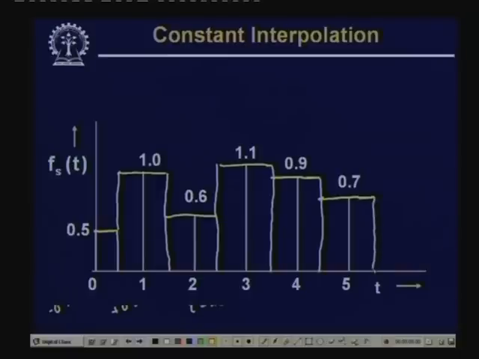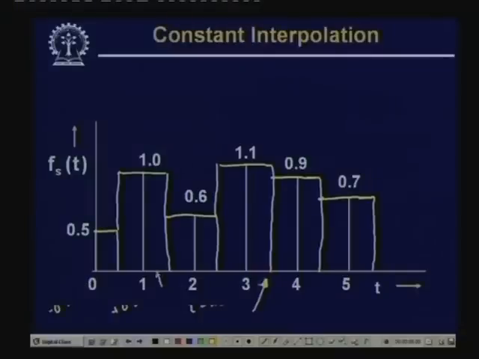And this appears to be a more reasonable approximation, because whenever we are trying to interpolate at a particular value of t, we are trying to find out the nearest sample to that particular location, and whatever is the value of the nearest sample, we are simply copying that value to this desired value of t.